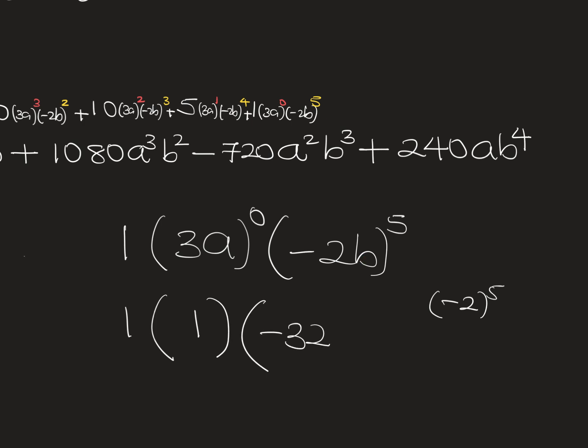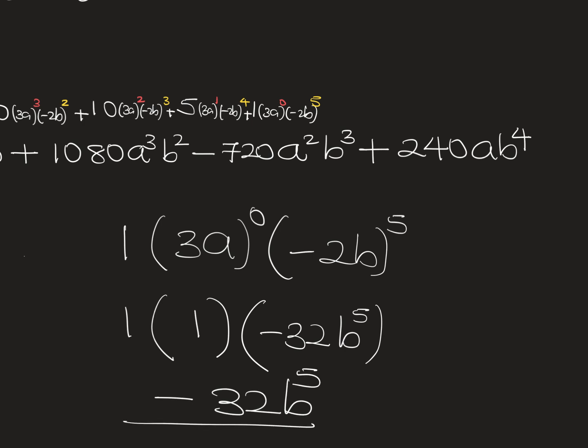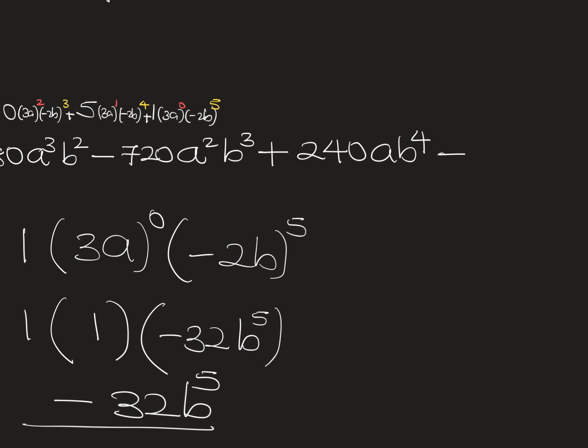And b to the power 5 is just b to the power 5. So if I multiply, I will have negative 32b to the power 5. And that is what I have to indicate here, negative 32b to the power 5. All right.